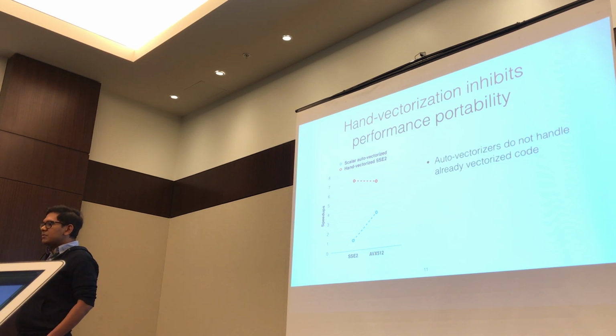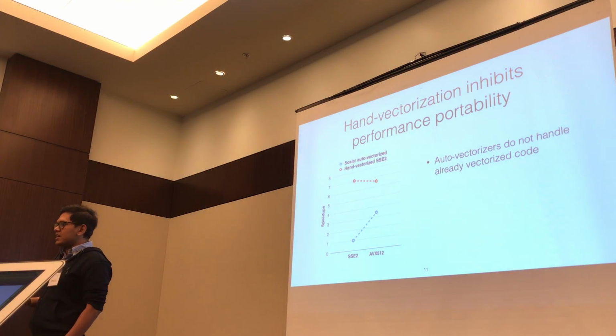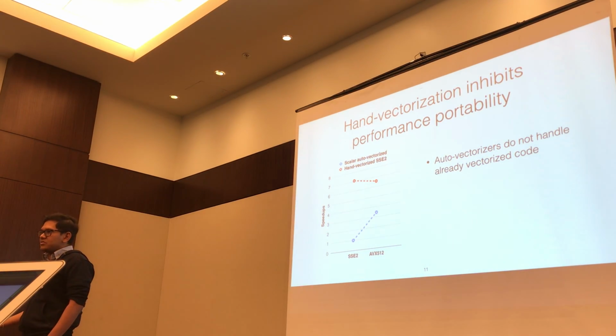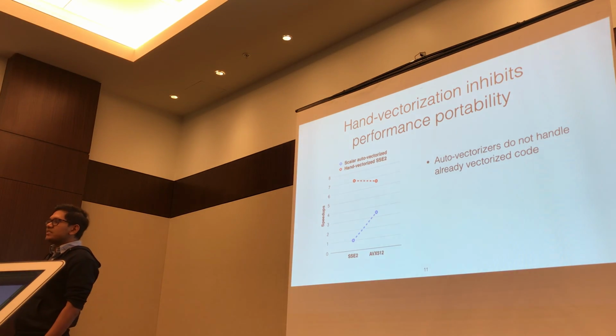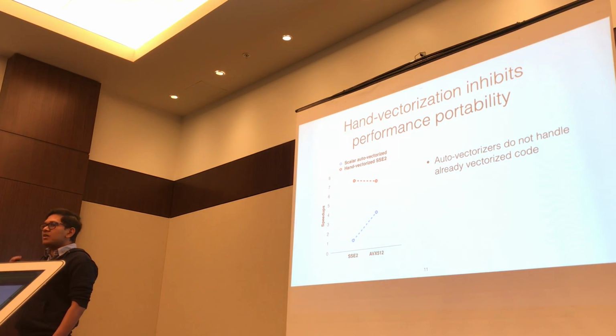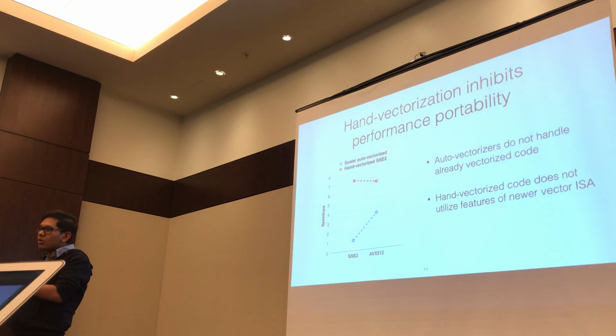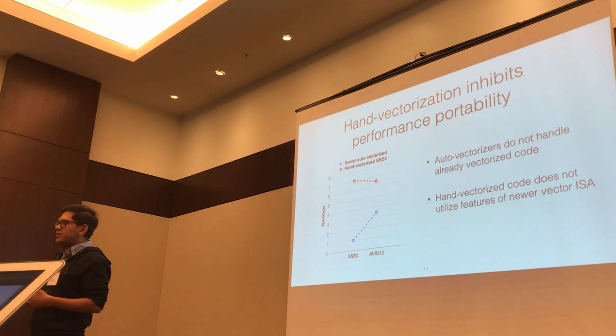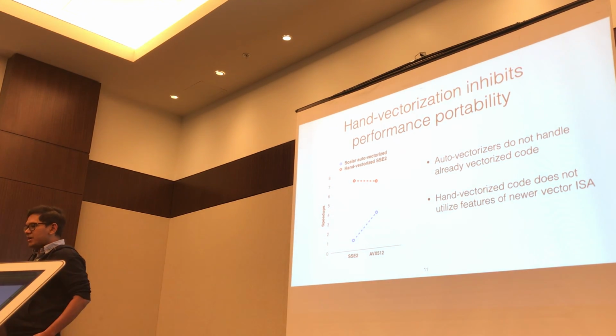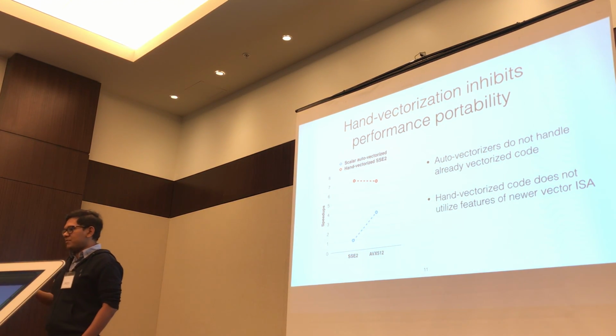This happens because auto-vectorizers do not handle already vectorized code. They know how to handle scalar code. So if you have a hand vectorized code that's written for a particular machine, and you want to run it on a newer machine, you will not get benefit out of the newer instructions that are out there. Essentially, it becomes stale.